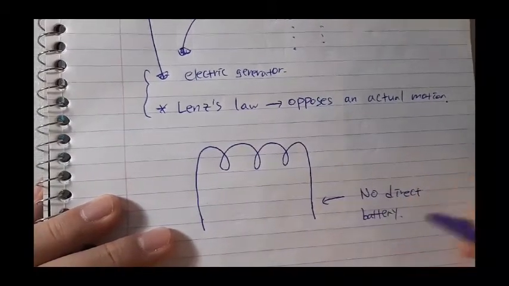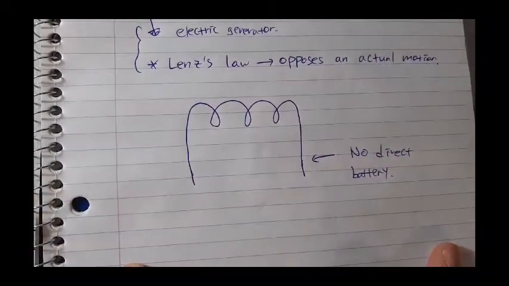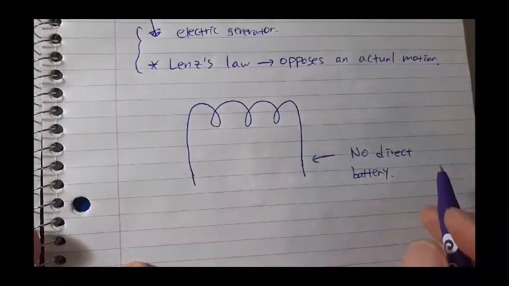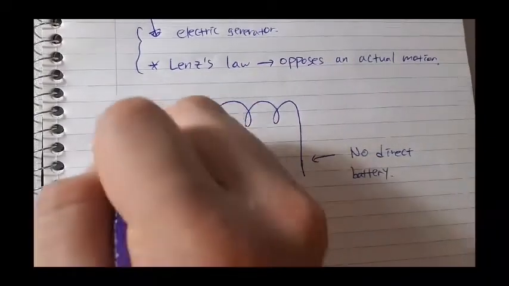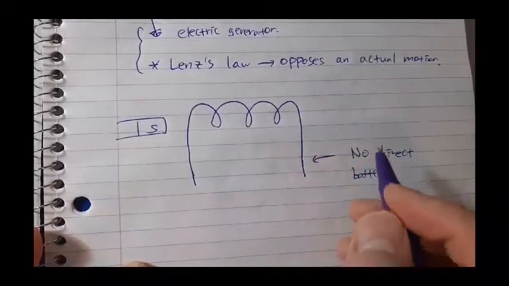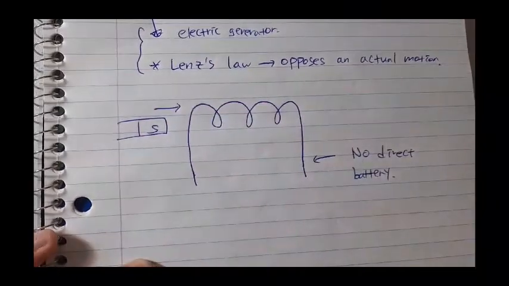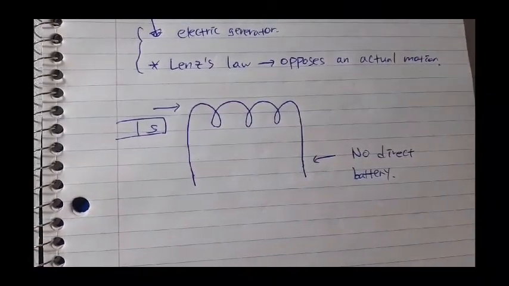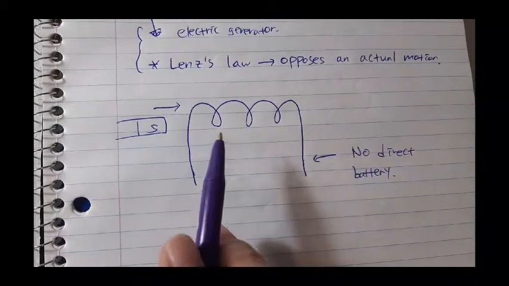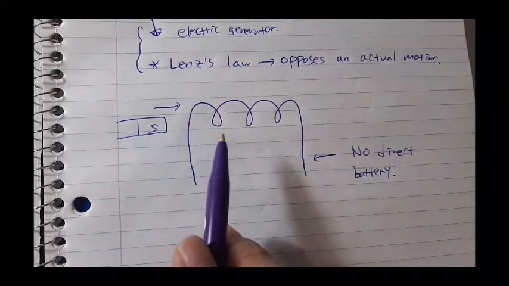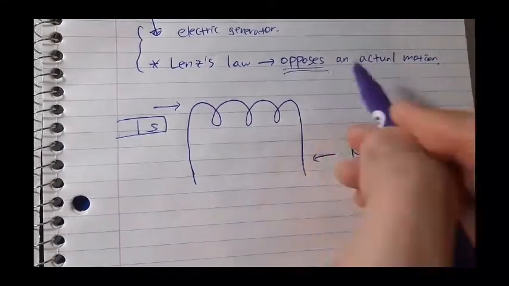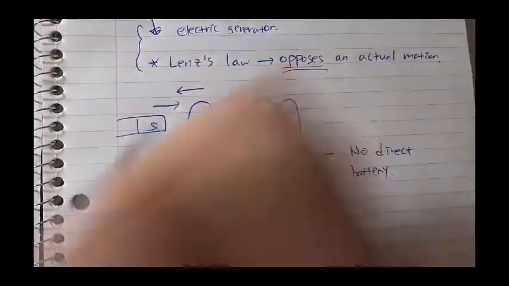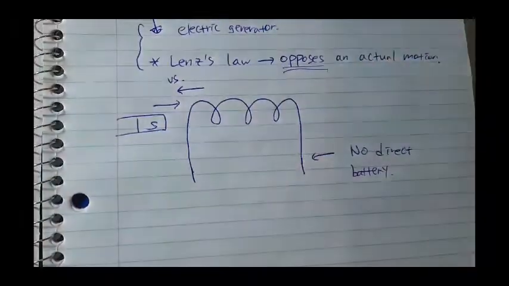There is no direct attachment for the battery in each of the wires, but here's the thing. Imagine I'm bringing a magnet going into the solenoid. So the motion is going left to right. However, because it opposes the motion, you actually have some kind of opposing relationship.